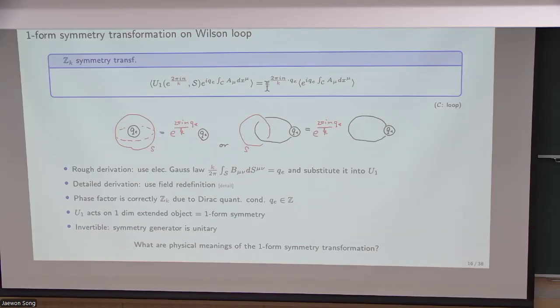You can add multiple surfaces on top of each other, and when you add the inverse, you get the identity.